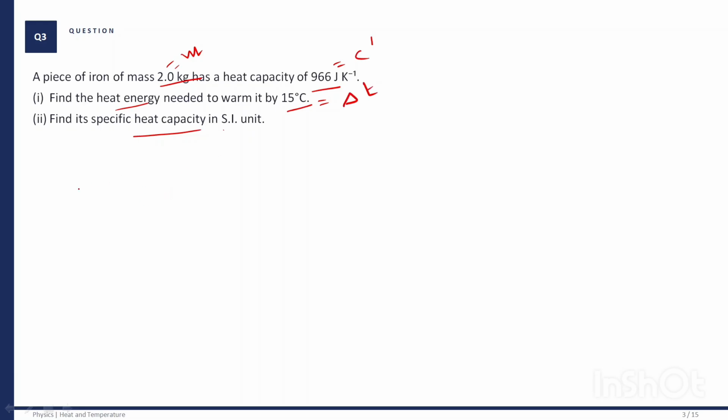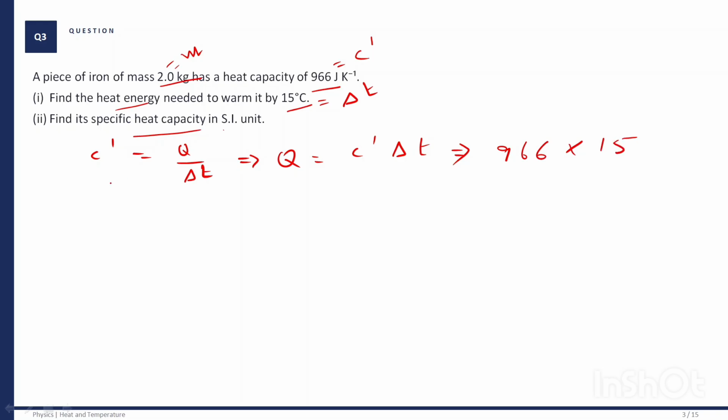First, the energy needs to be found out. We have just seen the formula: C dash equal to Q by delta T. That implies Q equal to C dash delta T. C dash is 966, change in temperature 15 degrees Celsius.